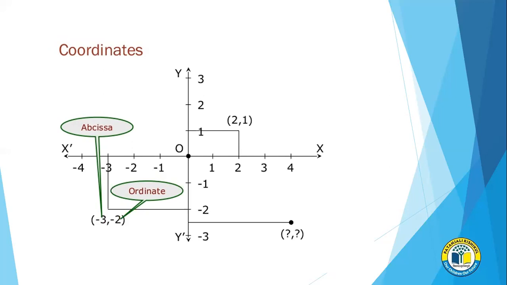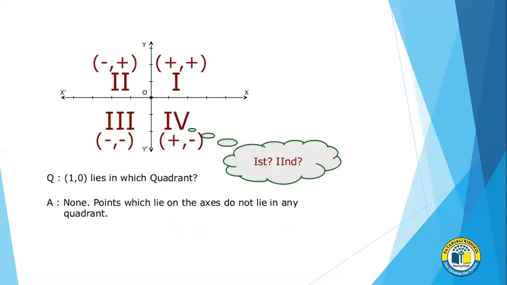Suppose I have to locate a point (-3, -2). So this -3 will be your x coordinate, that is abscissa, and your -2 will be your y coordinate, that is ordinate. Suppose I give you a question, can you find the point (1, 0) and tell in which quadrant it lies? (1, 0).